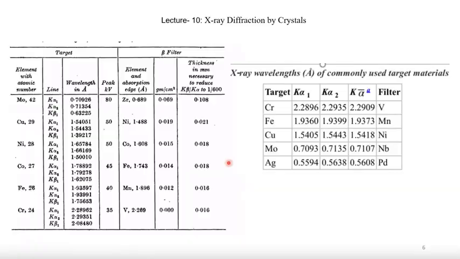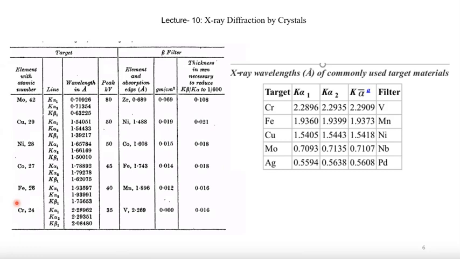Okay, now we are talking about only copper acceleration, but we do have other target materials. We could have molybdenum, copper, nickel, cobalt, iron, chromium. And we have to specify which target we want to have.